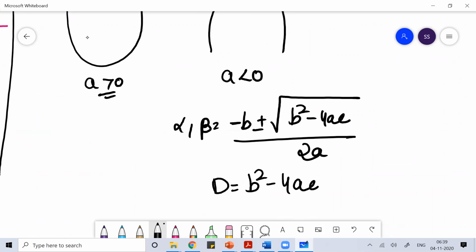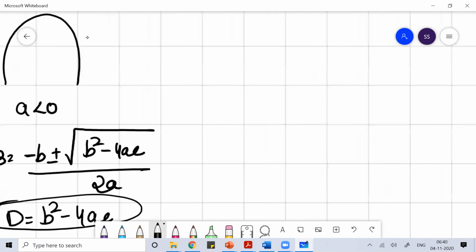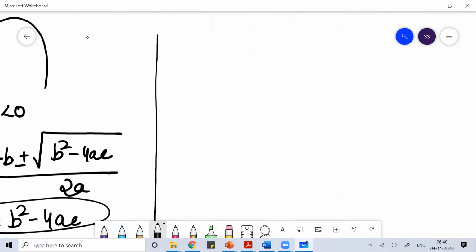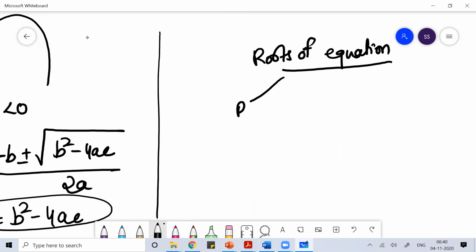D, which is b square minus 4ac, is called the discriminant. Whenever you see the roots of the equation, your roots are either real or imaginary.